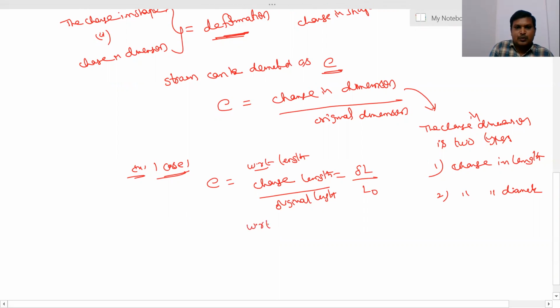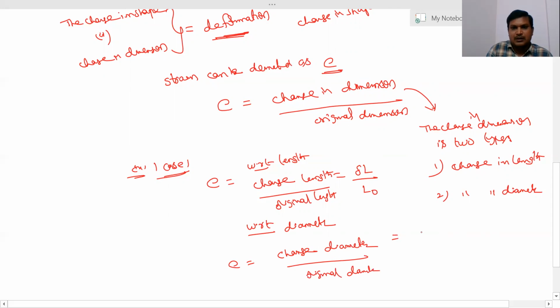With respect to diameter also, there is a change in dimension, that is change in diameter to original diameter. So simply we call it strain.